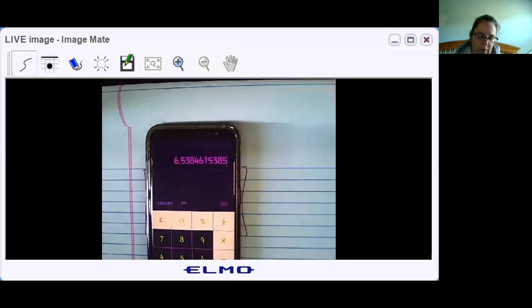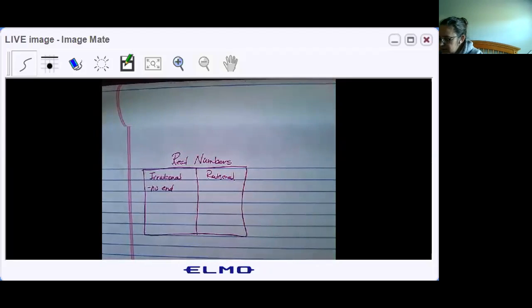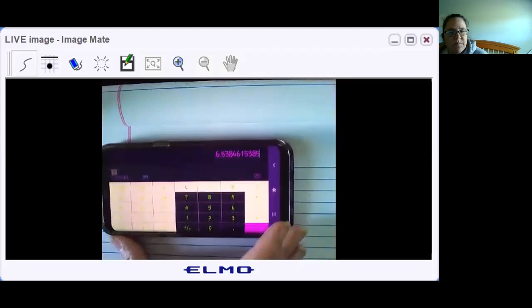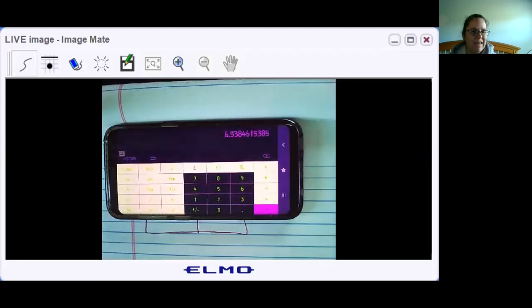Well, let's look at that number: 6.538461585. The nice thing about my phone is I can turn it sideways, so I have more space. But am I guaranteed that that number ends, or did my calculator just end it for me? With a number like this, my calculator ended it for me.